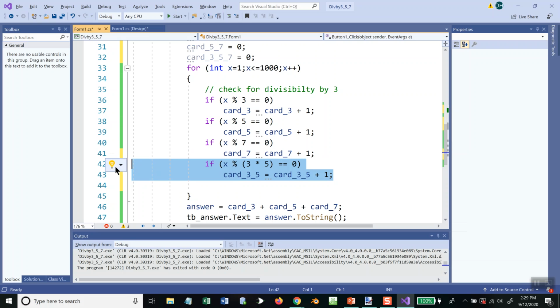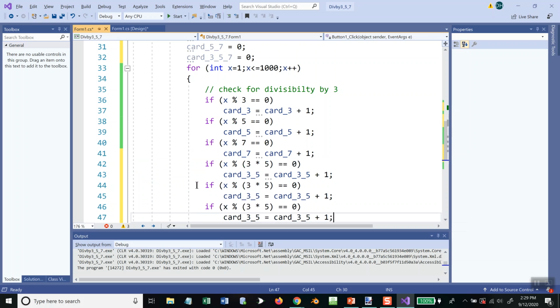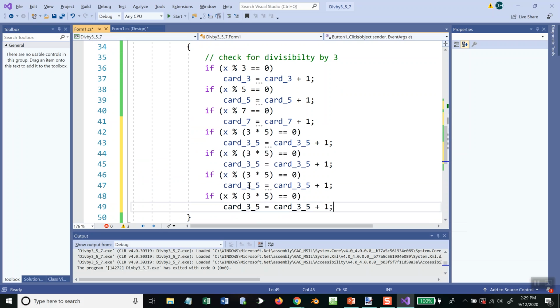And just make my life a little bit easier, Control C, Control V, and I'm going to put the last one on there too. Okay, so 3, 5, next one would be 3, 7. Watch me screw this up by doing this. Boy, I'm going to mess it up. 3, 5, 3, 5, 3, 7. That should be 7 there. 3, 7, 3, 7. This would be 5 and 7.